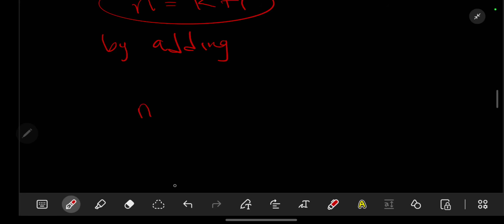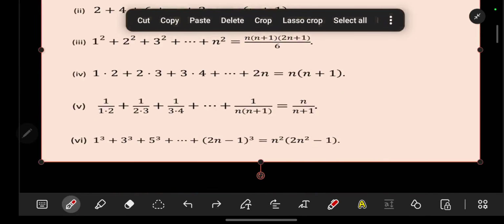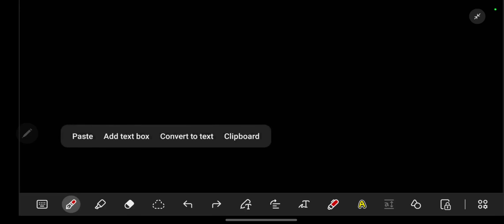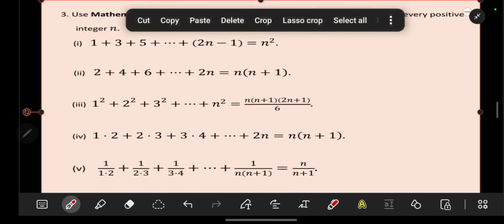Let me copy this and put it down here. What we are going to have is 1 plus 3 plus 5 plus the dots plus 2n minus 1 should be equal to n squared. Then you are going to deal with the basic step.